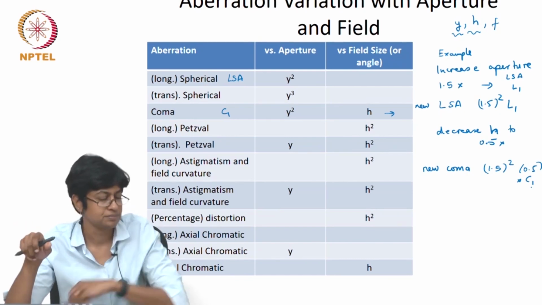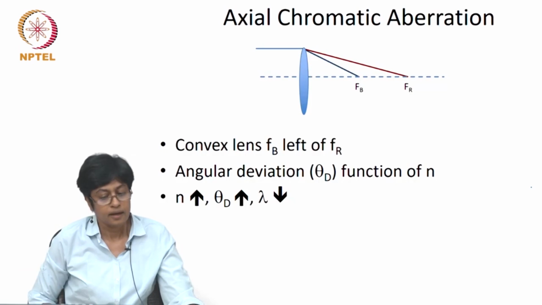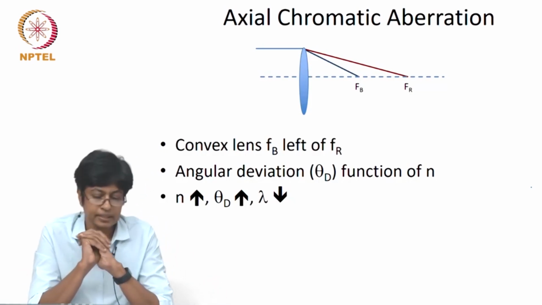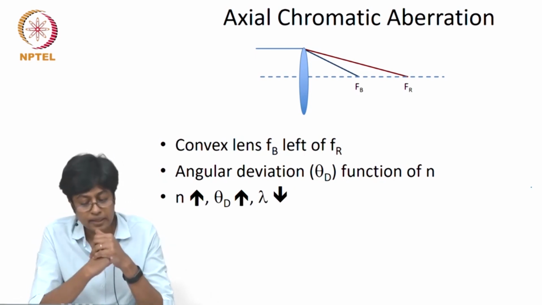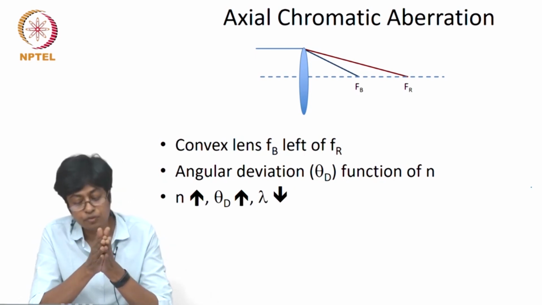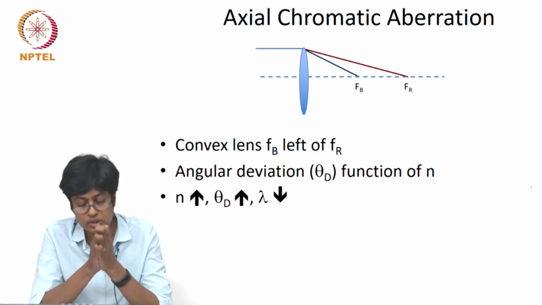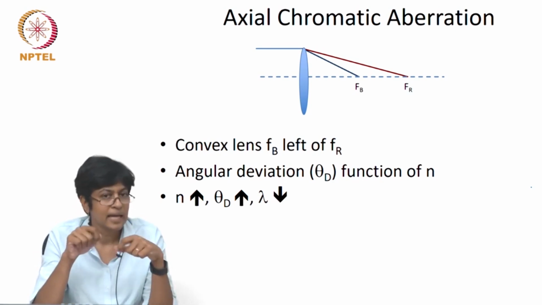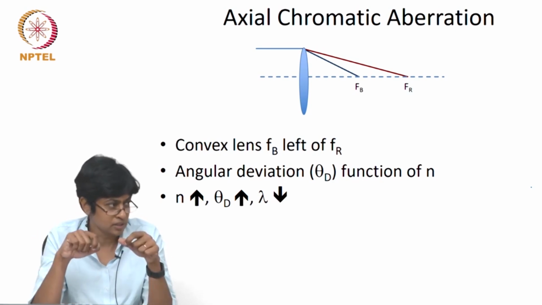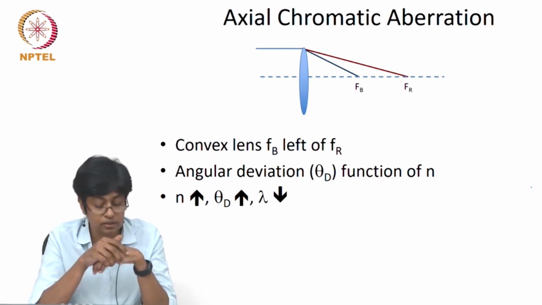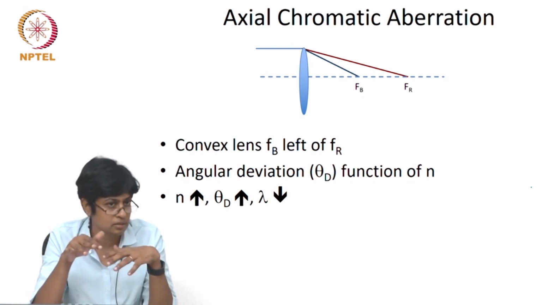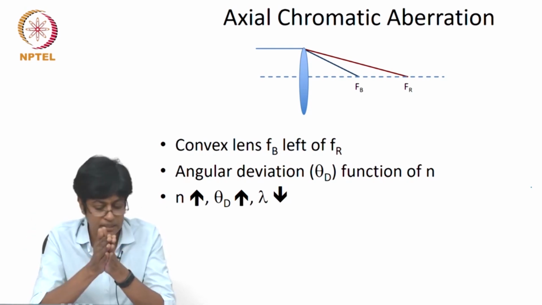So let's look at one correction in some detail. Axial chromatic aberration: we saw that for a positive lens, the blue wavelengths come to focus closer than the red wavelengths, and that is because typically n and lambda are inversely related for optical materials, which means that the angle of deviation is also going to increase as the refractive index increases.